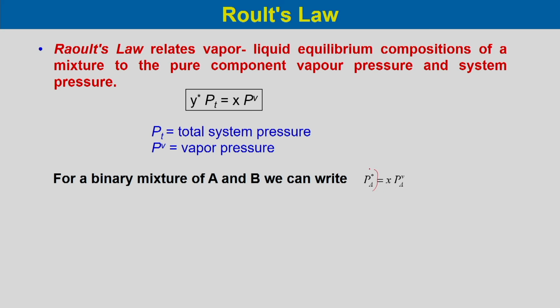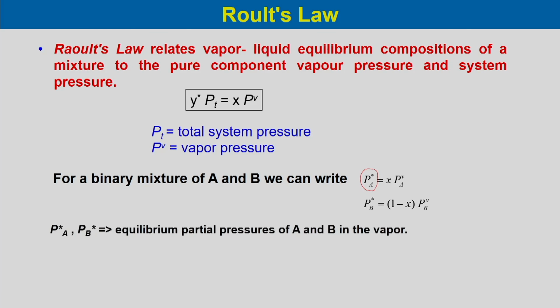So, the partial pressure of A would be equal to X PaV, and Pb star would be equal to 1 minus X PbV. Pa star and Pb star are the equilibrium partial pressures of components A and B in the vapor, and PaV and PbV are the vapor pressures of A and B at the given temperature.